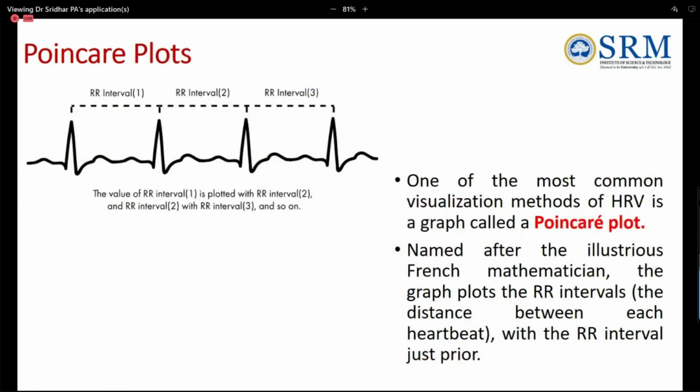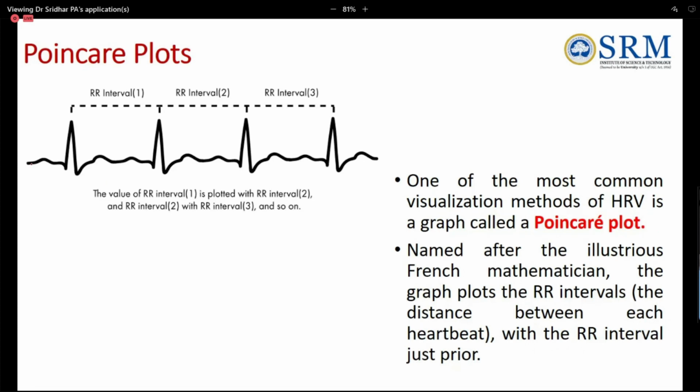The other one is the Poincaré plot, which is now used for HRV. It is a kind of data visualization where you can identify the differences. It was introduced by the French mathematician named Poincaré, who used it to look into variations in a condition.